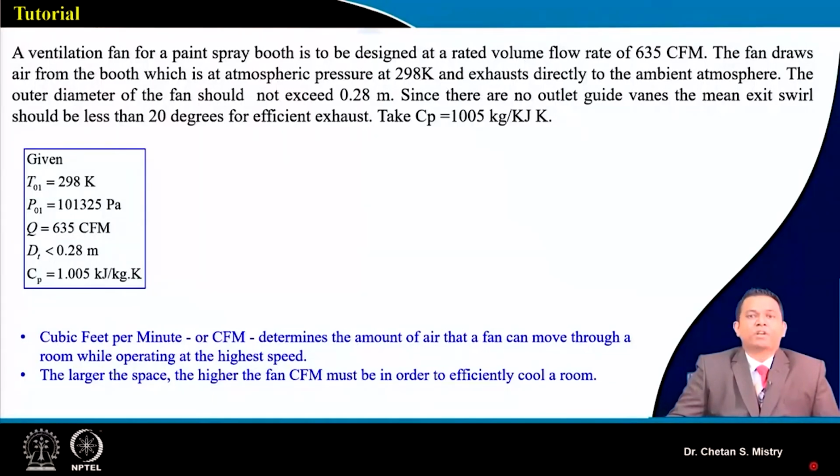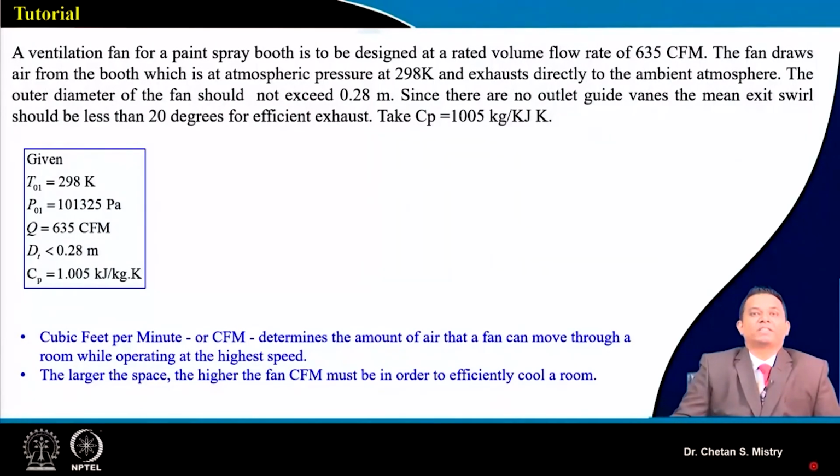The outer diameter of the fan should not exceed 0.28 meter. Since there are no outlet guide vanes, the mean exit swirl should not be more than 20 degrees for efficient exhaust. Take Cp to be 1005. So my exit swirl needs to be less than 20 degrees.